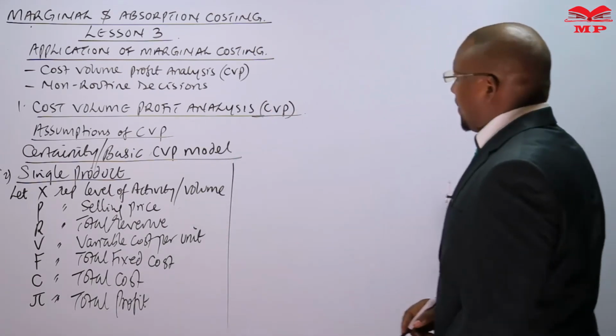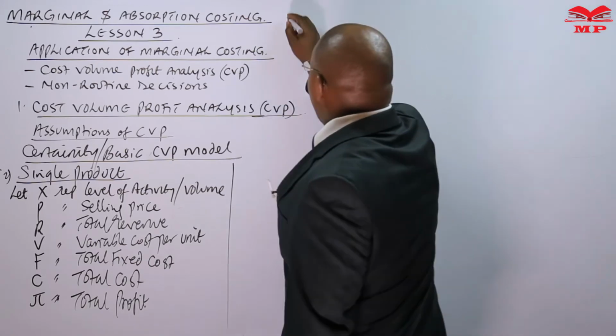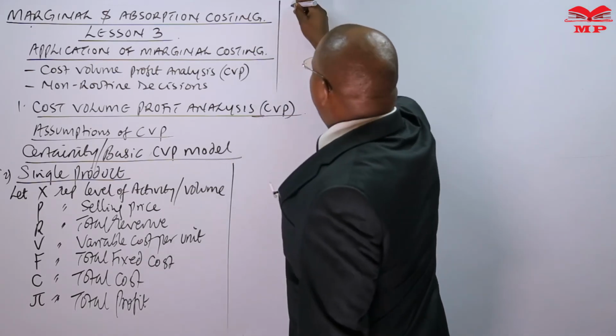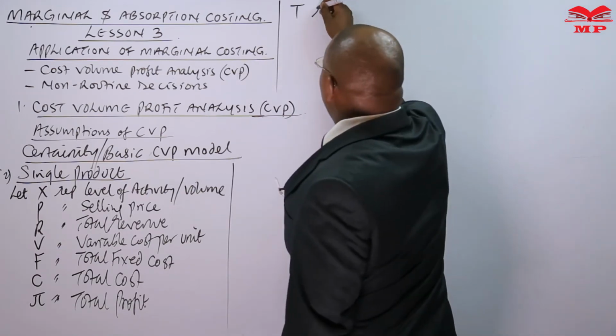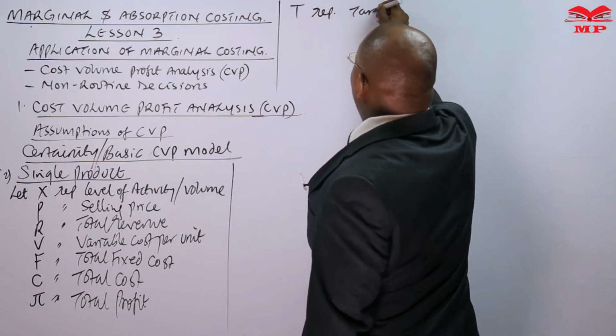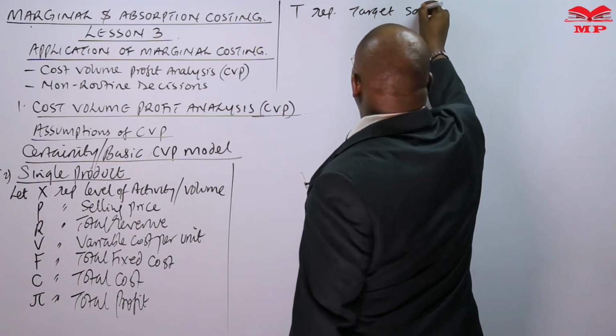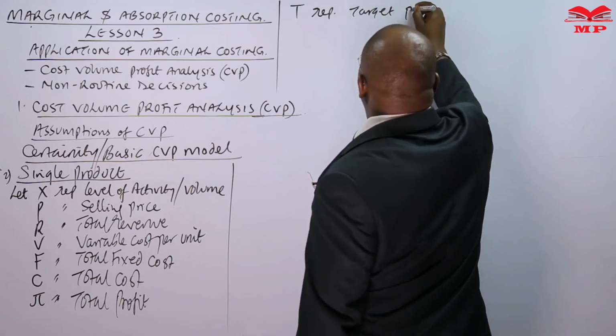And others include the following. For example, we have T. T represents target profit.